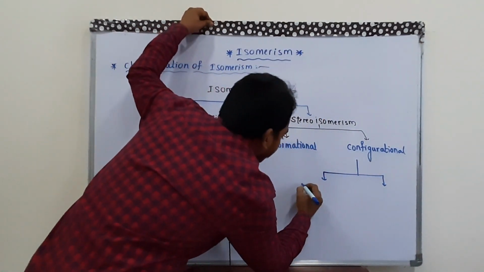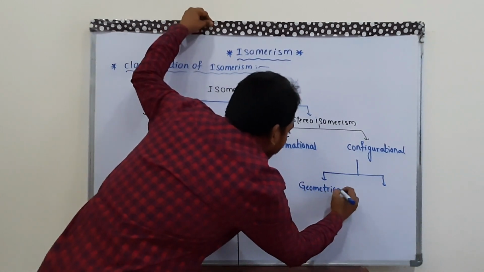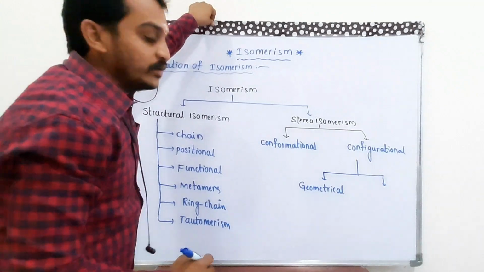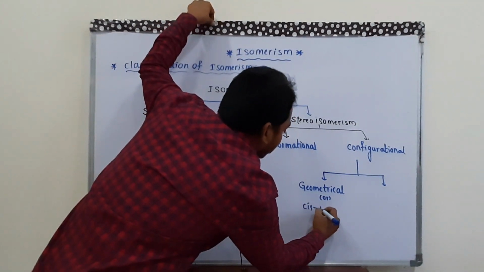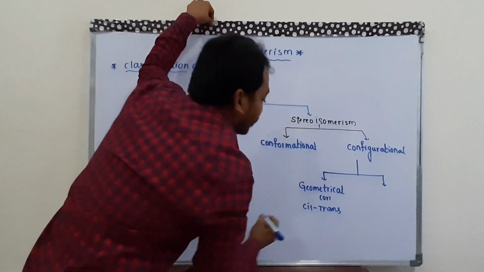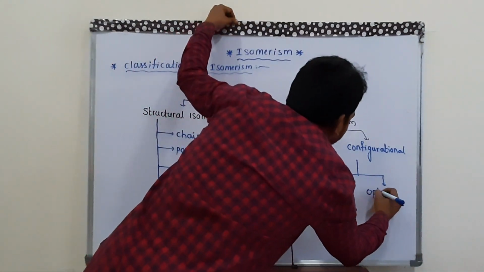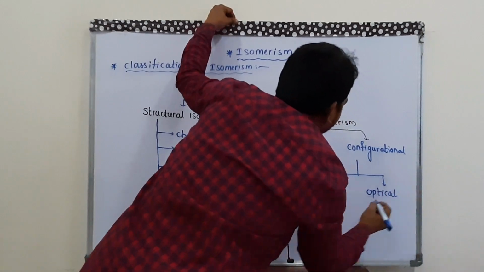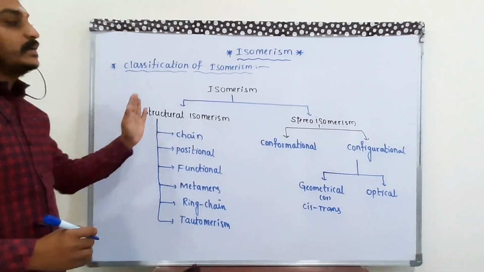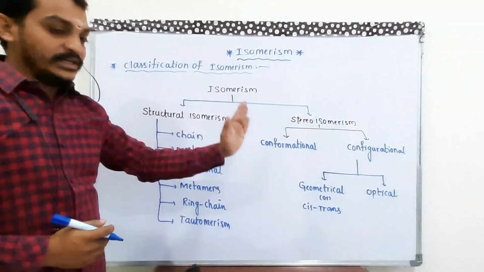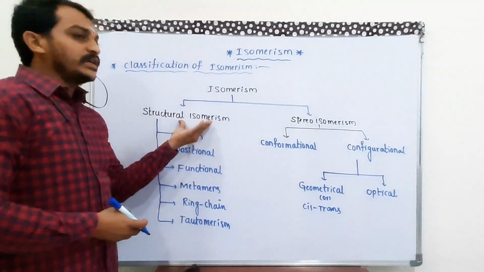One is the geometrical isomerism, also called cis-trans isomerism. Another one is the optical isomerism. So this is about the classification of isomerism.